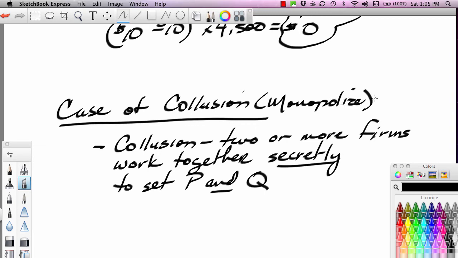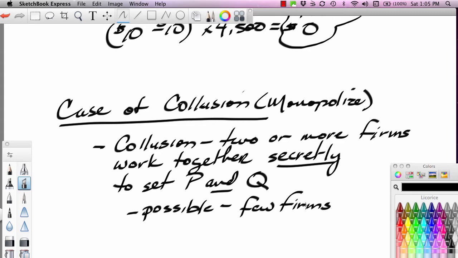This is monopolization. And this is possible when the number of firms is small. So possible when you have few firms. You know, if you have 1,000 firms, if you're talking about 1,000 corn farmers, they can't collude. There's too many of them. First of all, you've got a coordination issue.